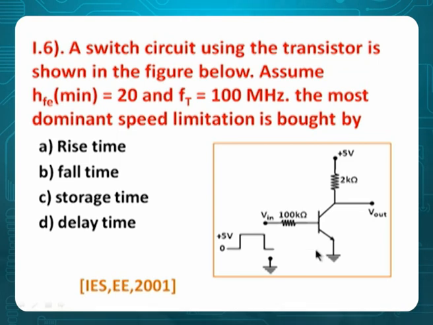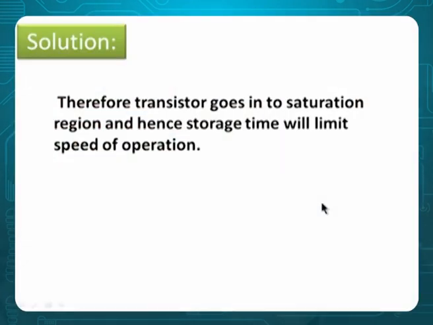We have done so many problems of this kind earlier. For example, input is positive, therefore it is forward. But the output has to be checked whether it is really forward or reverse. For that, check if IB is greater than IC minimum by beta. If that is satisfied, and in fact it is satisfied, then it is in saturation.